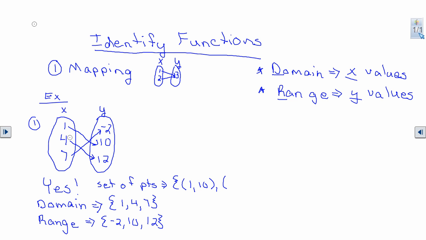If I put a 4 into this function, I get a 12. 4 is my x, 12 is my y. If I put a 7 into this function, I get a -2. 7 is my x, -2 is the y that goes with it. There's my set of points. There's my domain, there's my range, and yes, it is a function. Okay? Let's try another one of those.